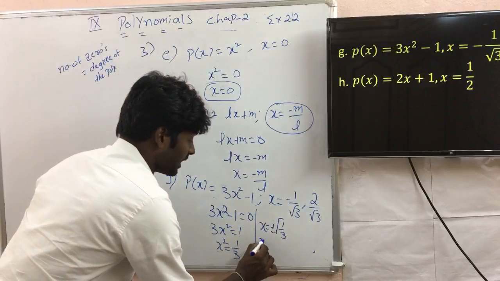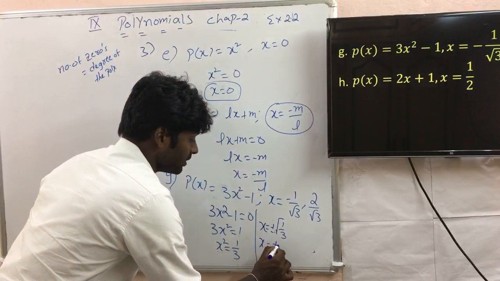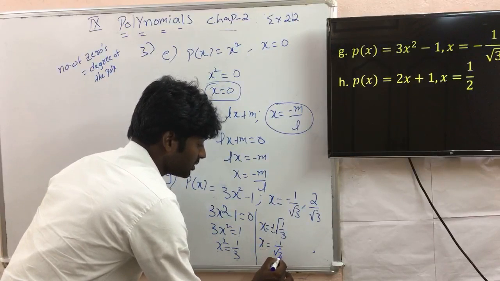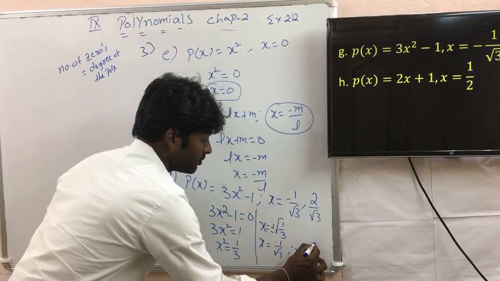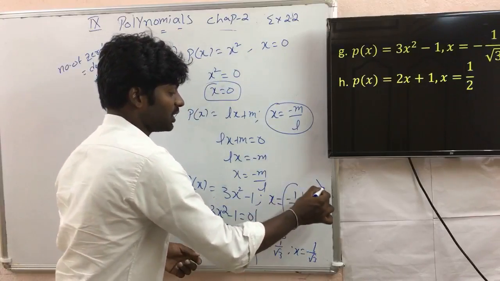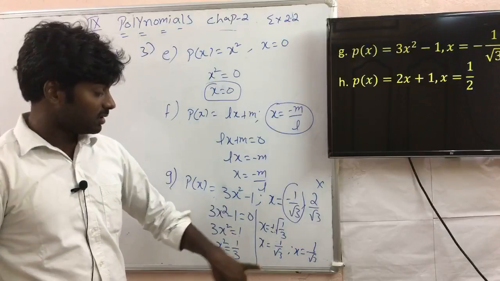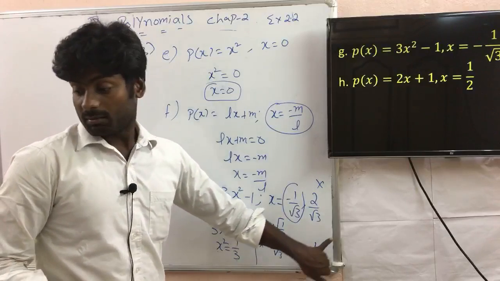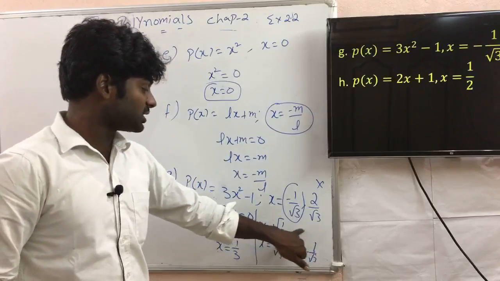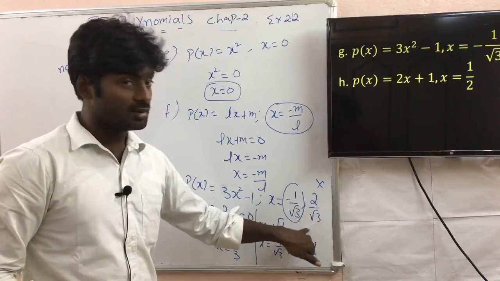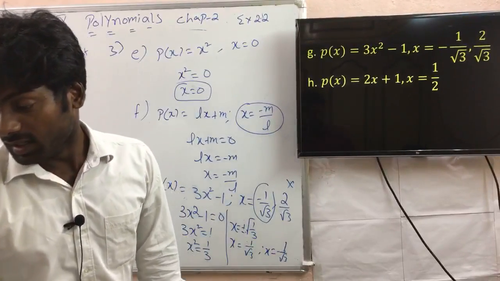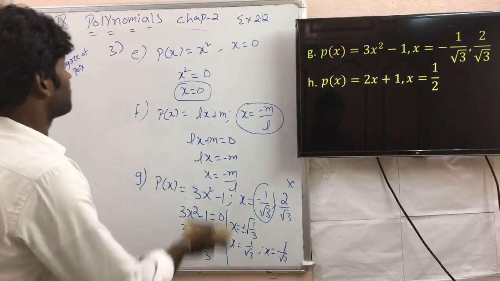That means x equals to plus 1 by root 3, and also x equals to minus 1 by root 3. He has given one as correct, another one is wrong. Okay, 1 by root 3 and minus 1 by root 3. Yes, Shivam, it is correct? No. Only one 0 is correct, the other 0 is wrong here. So 1 by root 3 and minus 1 by root 3 are the zeros of the polynomial.